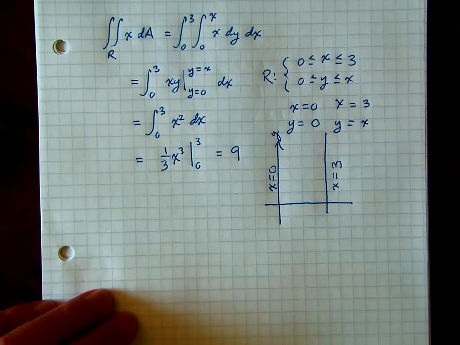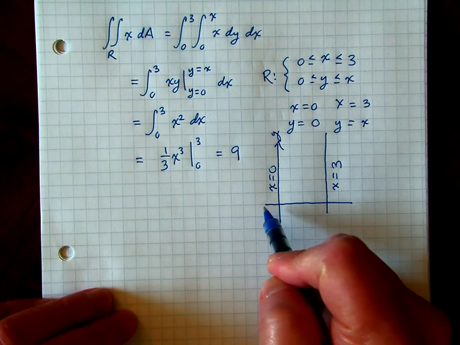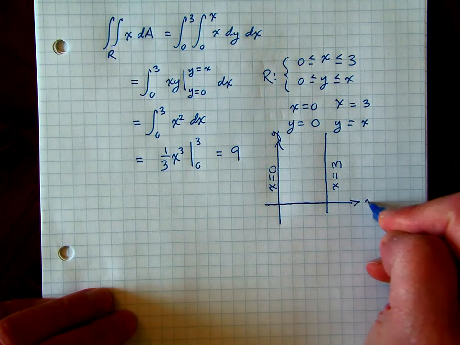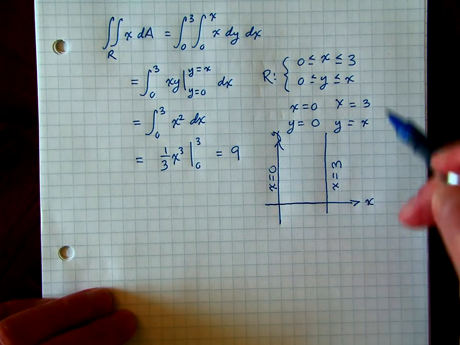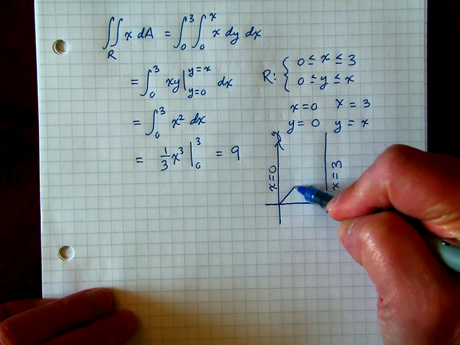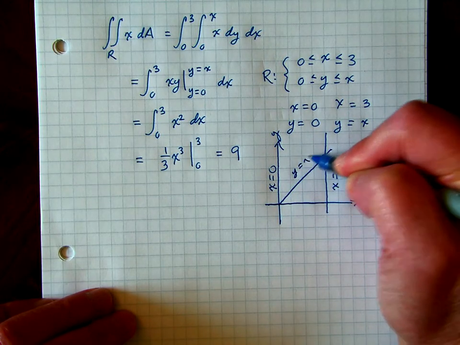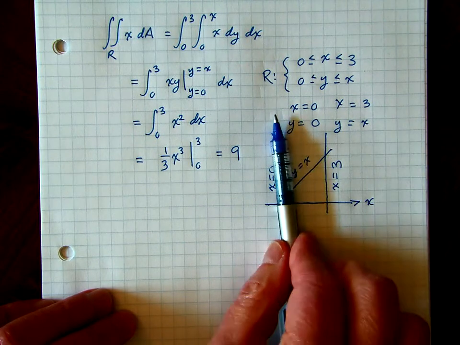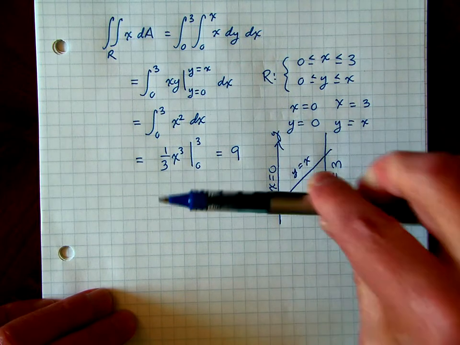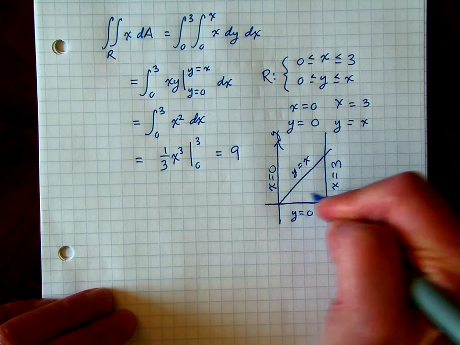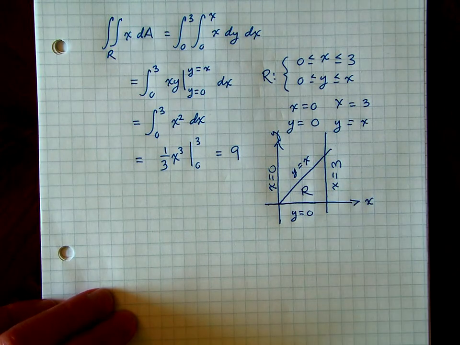And y equals 0, well, that's the x-axis. And y equals x is our friend, the 45-degree line that we know so well. So let's see. Left, right, bottom, top. Pretty clear. That's R. It's that particular triangle. Okay?